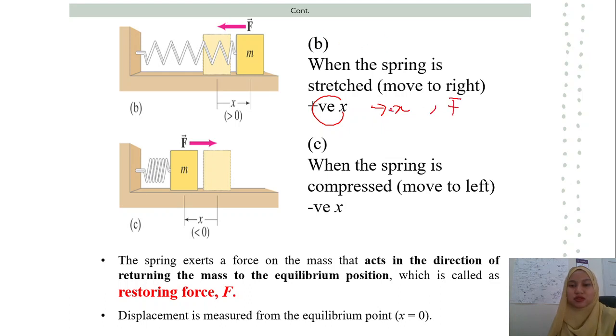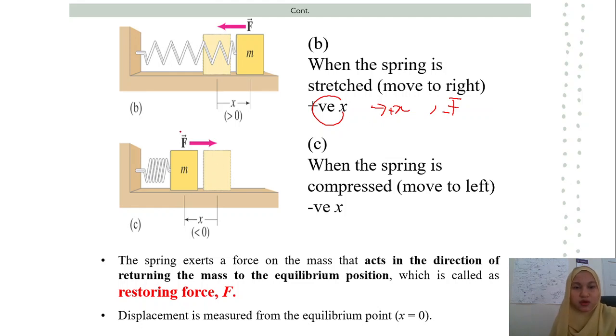When X is positive, F will be negative, because it was already defined in a previous slide that in simple harmonic motion, F and X are oppositely directed. As you can see in the figure, X is more than 0 because it moved to the right, so X is positive.